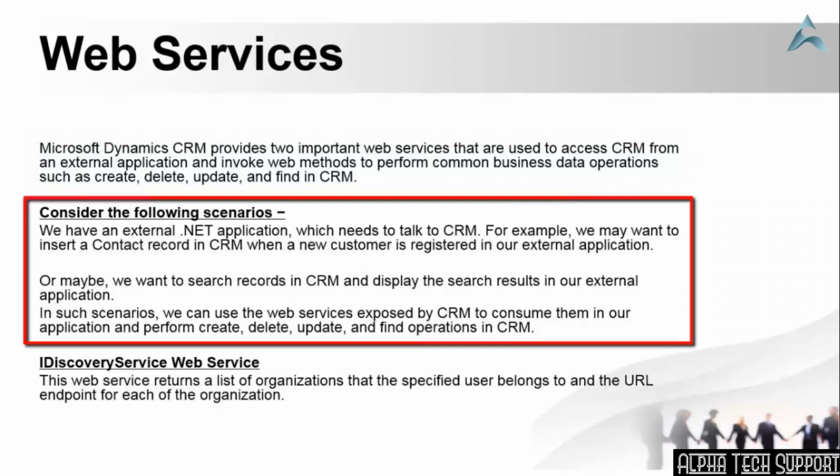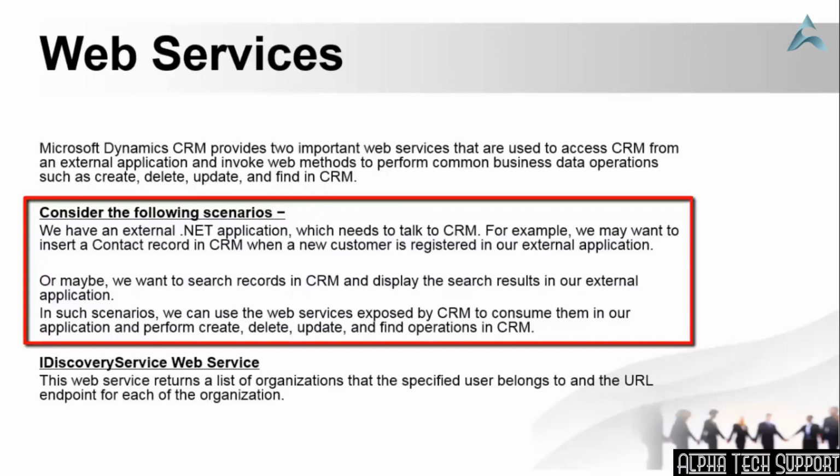Let's consider the following scenario where we have an external .NET application which needs to talk to CRM. For example, we may want to insert a contact record in CRM when a new customer is registered in our external application. So for that, we have to use a web service.